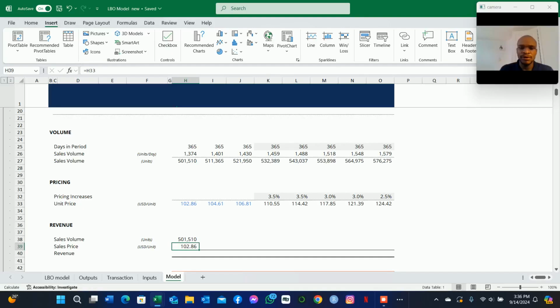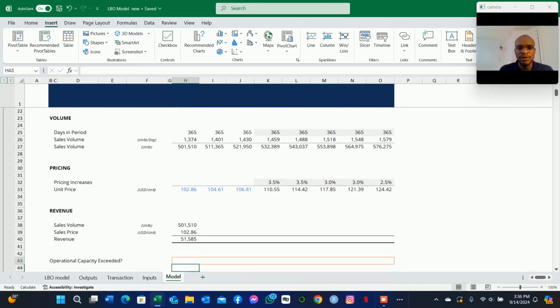And then in order to calculate our revenue, it's just going to be equal to this sales volume. We multiply that by the price, and then we divide it by 1,000 because we are converting it to millions. So this sales volume and price are in thousands, so we are converting it to millions in this case.